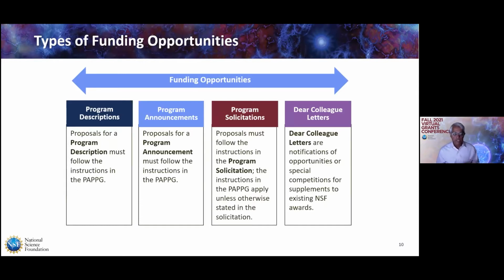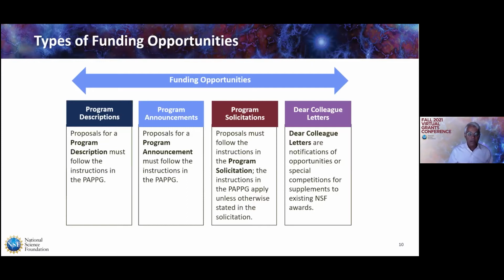A program solicitation is a very specific set of guidelines, both in terms of what kinds of research topics are being invited by NSF for proposals, as well as how the proposal should be put together, including things like limits on budget, who can submit, how many proposals can a single person submit, an organization submit, and so on and so forth. So a program solicitation is typically the most common kind of funding opportunity that NSF publishes.